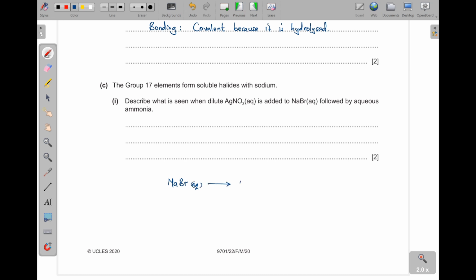It dissolves and gives the sodium ions and the bromide ions. Then from here we have silver nitrate, which is also a soluble salt, giving silver ions and nitrate ions.